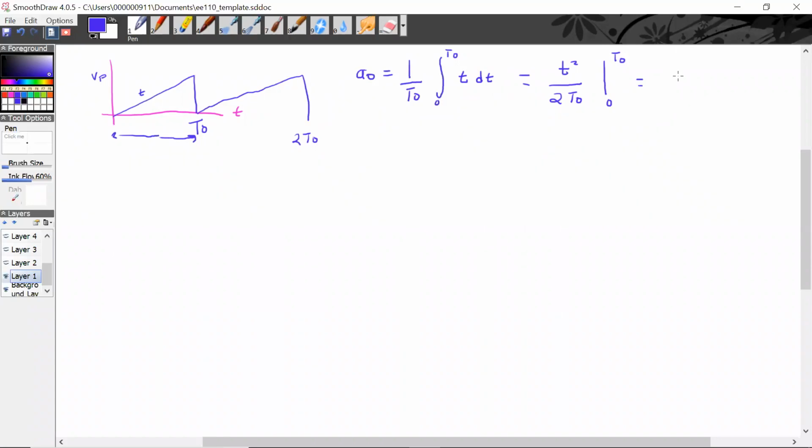That equals T naught squared over 2 T naught, minus 0, which gives us T naught over 2. That makes sense because it's 1/2 the base times the height.